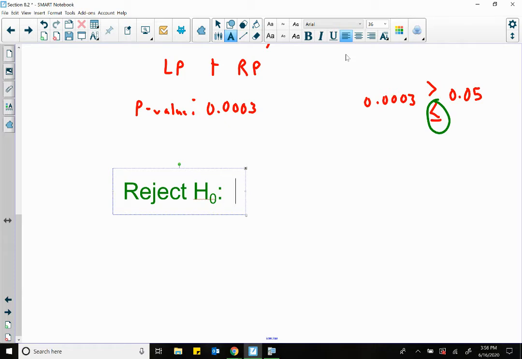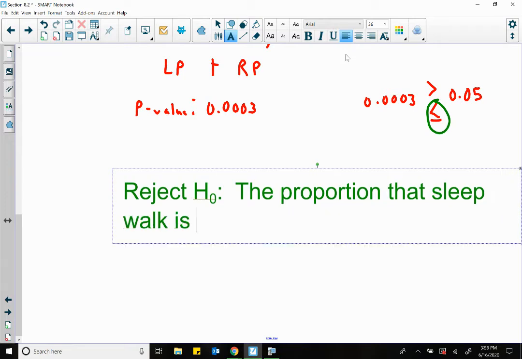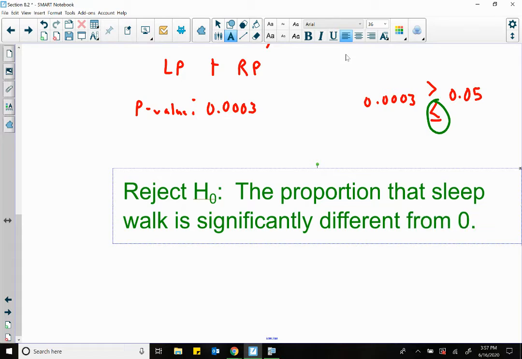And in terms of the problem, the proportion, sorry, losing my, that sleep walk is significantly different from 0.33.